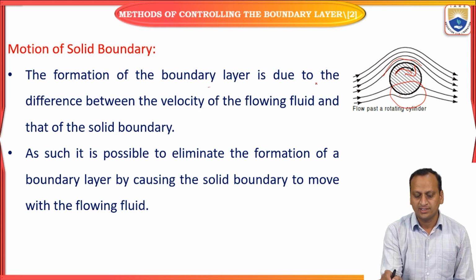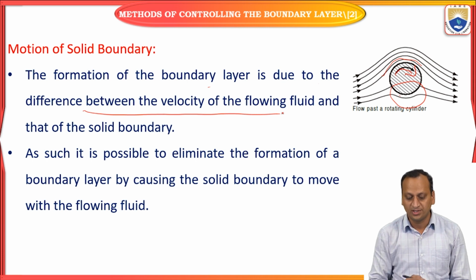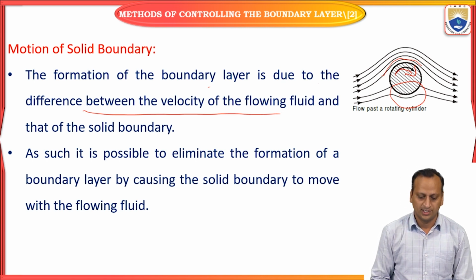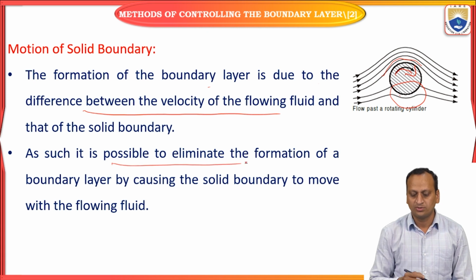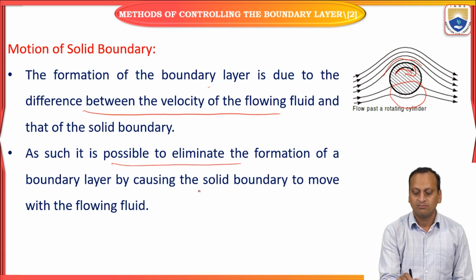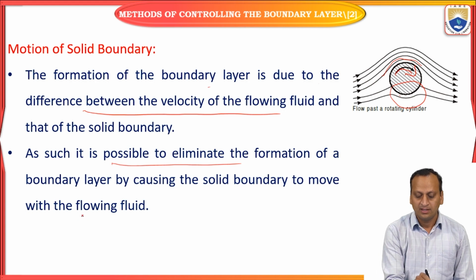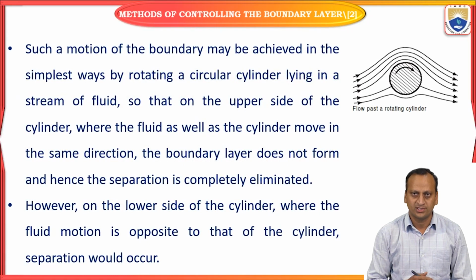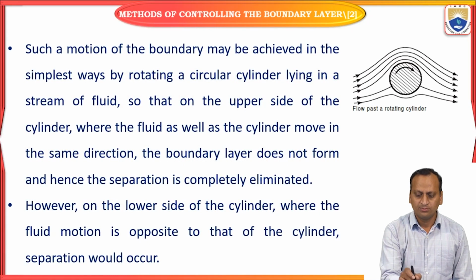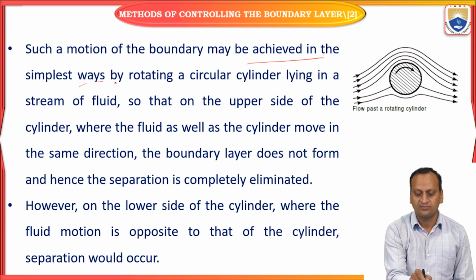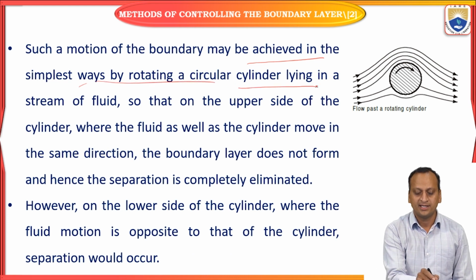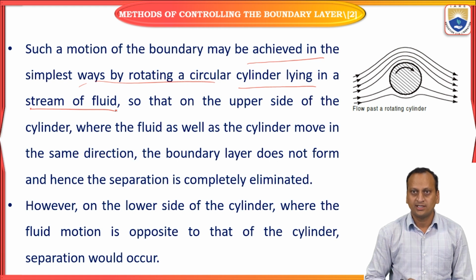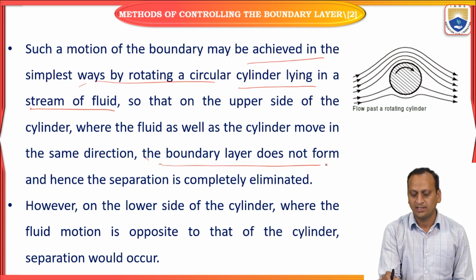The formation of a boundary layer is due to the difference between the velocity of the flowing fluid and that of the solid boundary. As such, it is possible to eliminate the formation of a boundary layer by causing the solid boundary to move with the flowing fluid. Such a motion of the boundary may be achieved in the simplest way by rotating a circular cylinder lying in a stream of fluid, so that on the upper side of the cylinder, where the fluid and the cylinder move in the same direction, the boundary layer doesn't form.